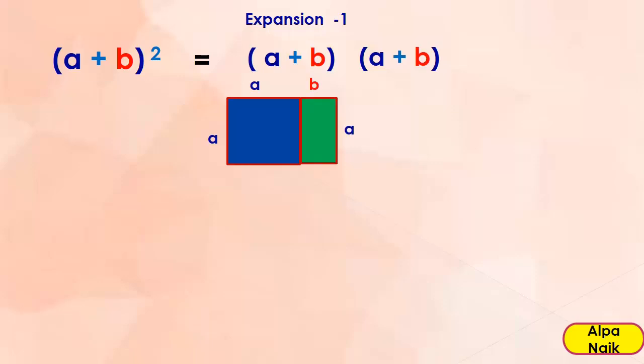This rectangle has the length b and the height as a. The same thing will be kept below, again the length b, and here, as you can see, the breadth is a. The remaining part is nothing but a square having the side b.